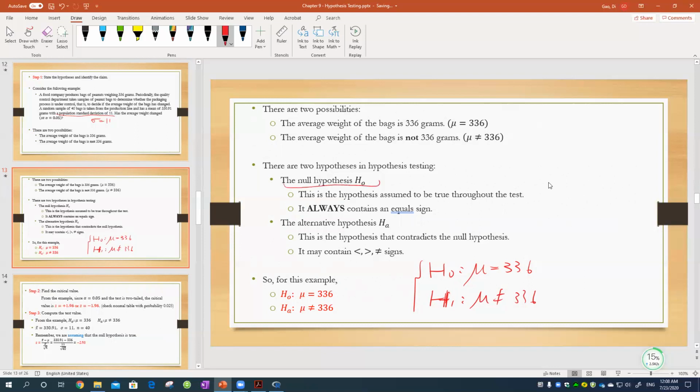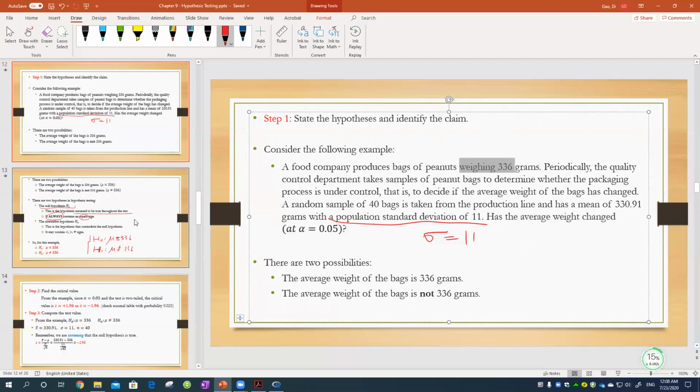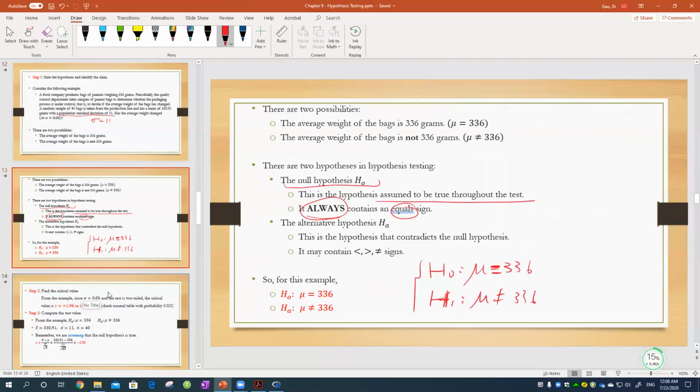The null hypothesis H naught is the hypothesis assumed to be true throughout the test, and it always contains an equals sign. So this one you just put equals, and then for the alternative one we have to look at the claim. So has the average weight changed? So changed. So it's not that number anymore. Of what? 336, and that's why we set it up this way.